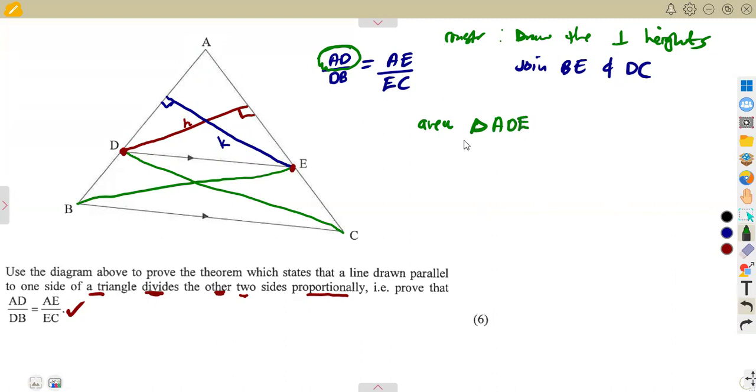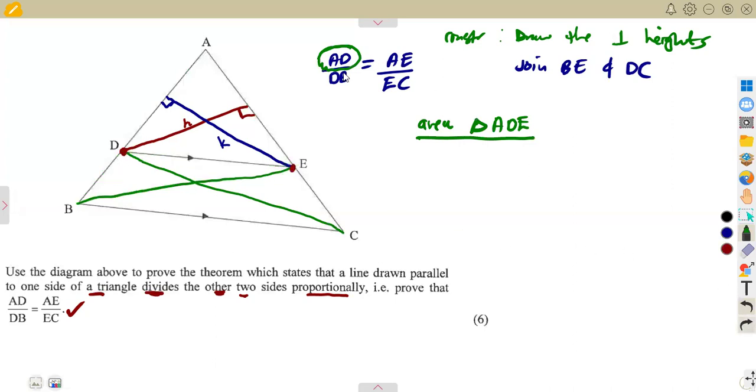All right. I ask myself the same question again. BD, this base of DB or BD, this one. Which triangle is using this base of DB or BD? It is triangle DBE, this triangle, this one. You take that triangle.